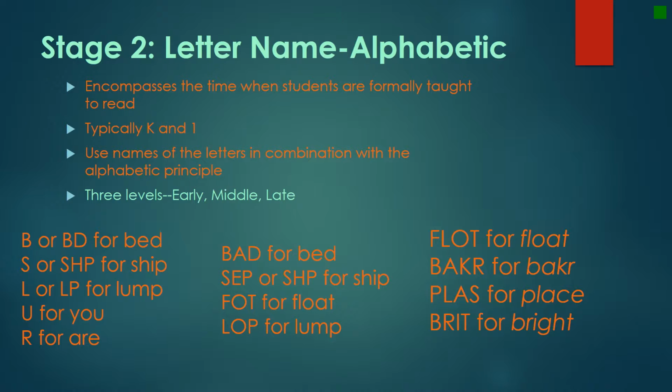When they're trying to spell ship, they may put SEP or something like that. If they are spelling the word are as R, this looks a little bit more like texting lingo, doesn't it? Maybe some of our students are reverting, or even some of us are reverting when we text, using letter name alphabetic spellings.